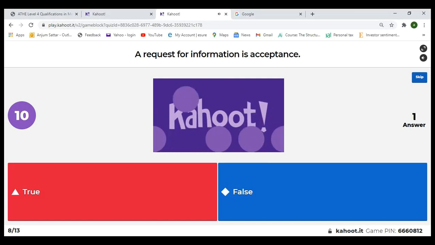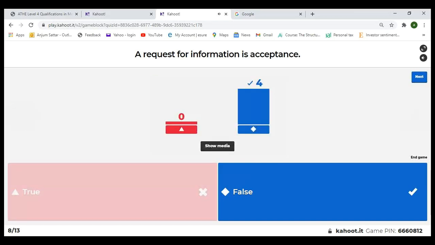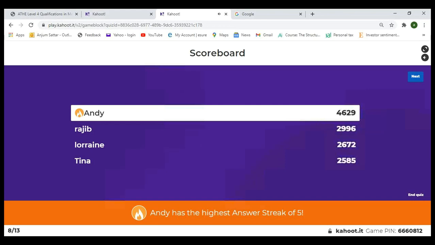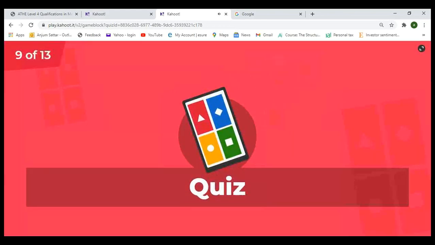False. Request for information is not acceptance. No, it can't be, can it? It's false. Good. Well done.